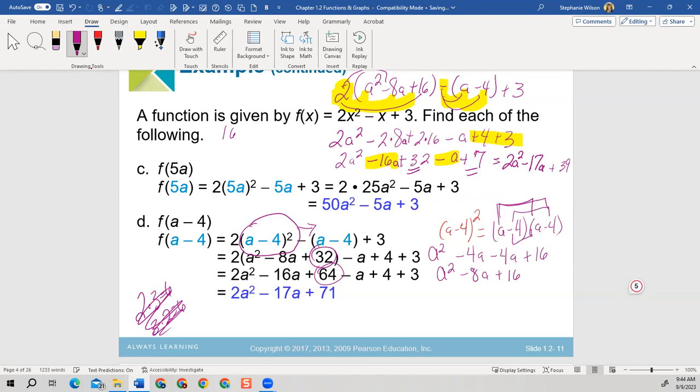Could be a typo. So when I did this, now I plugged in everything around it. And it happens. And then let's distribute the negative sign. So now I got negative a plus 4 plus 3. And then distribute the 2. So I got 2a squared minus 16a plus that 32, because 16 times 2 is 32.